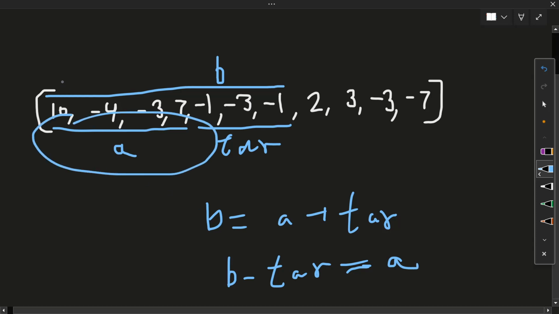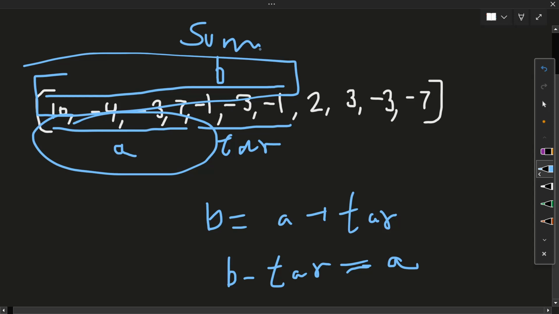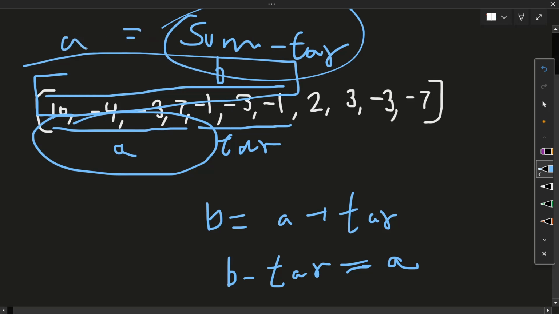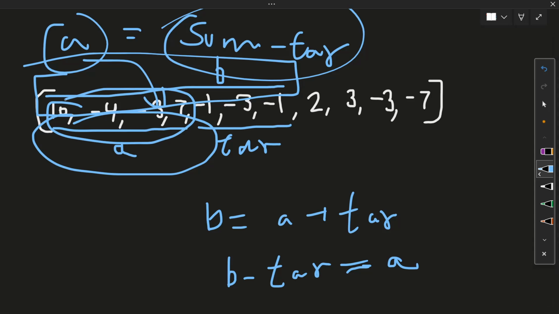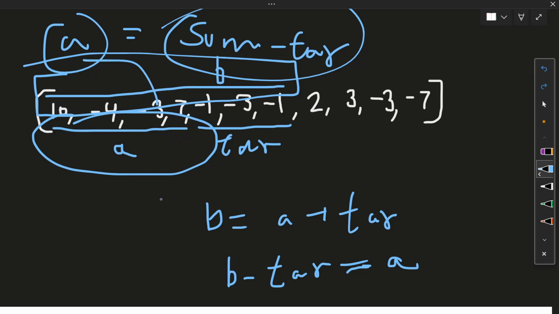So we need to check: we have the summation till the ith index. If I subtract my target from it, and the left out value a is present before that, which means there's a subarray whose sum value is equal to the target.